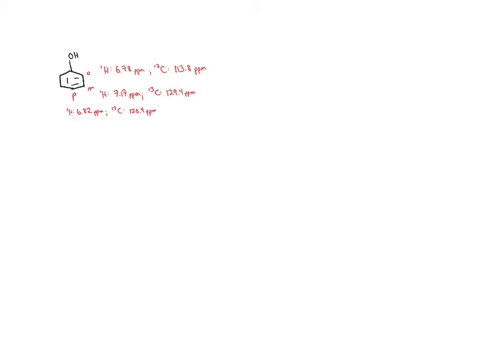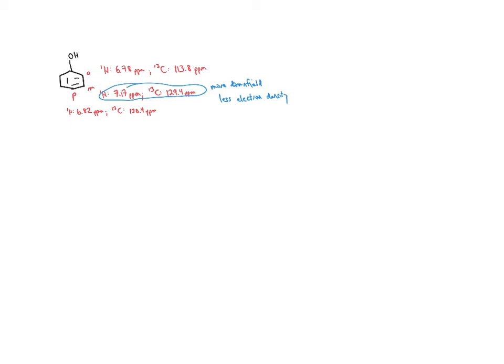All right, so you can clearly see here that the meta positions are more downfield. And we said that when things are more downfield, they have less electron density on them.